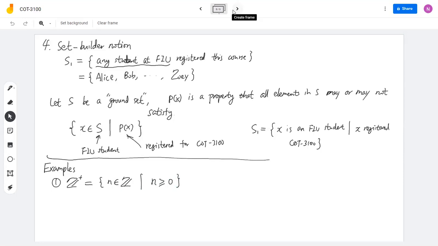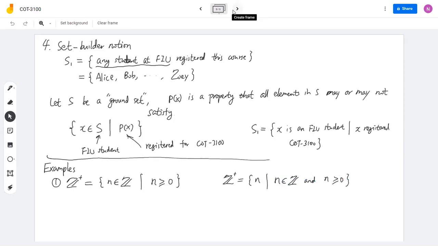Okay, Z now plays the role of the ground set. And if you don't want to use Z as a ground set, alternatively you can just write {n | n in Z and n is at least 0}. And usually we write n this way, meaning n is a number.